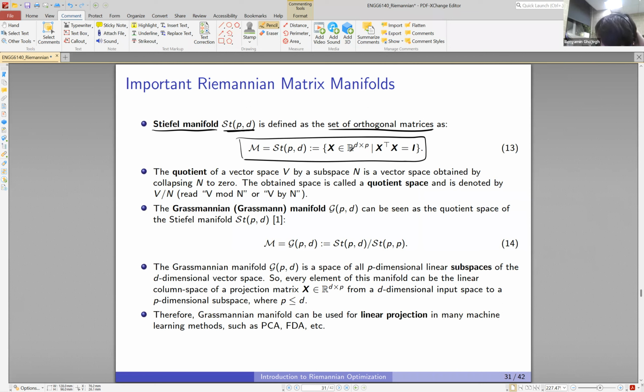St(p, d) means the set of matrices of dimension d times p, with d rows and p columns, where X^T X equals the identity matrix. It means that the matrices X are orthogonal matrices, or their columns are orthonormal.